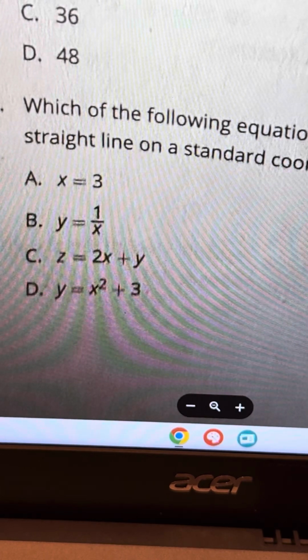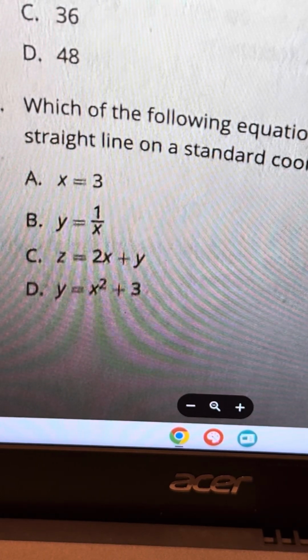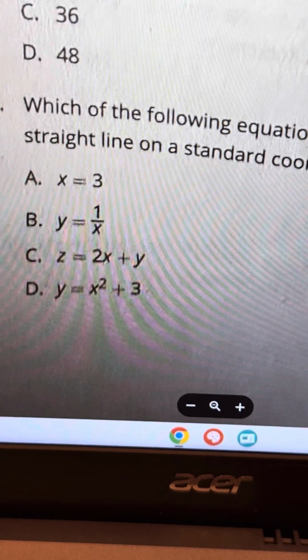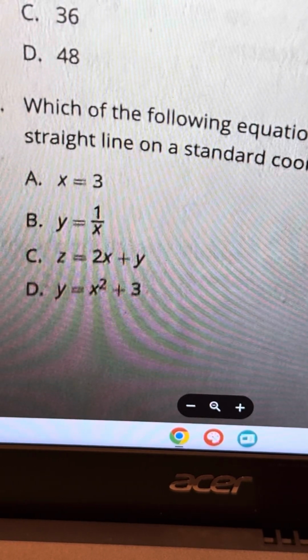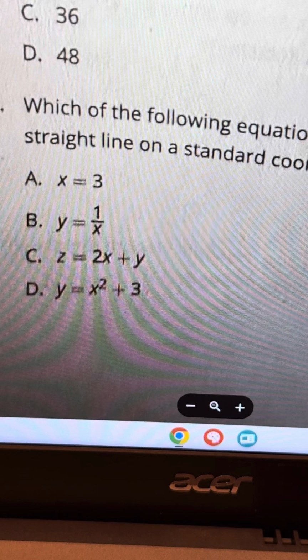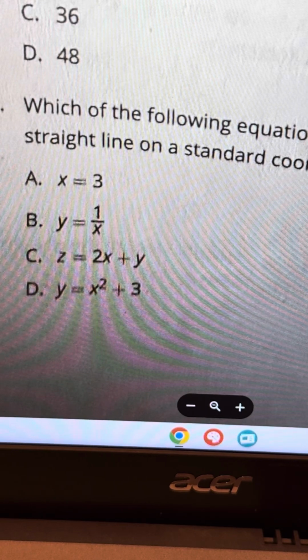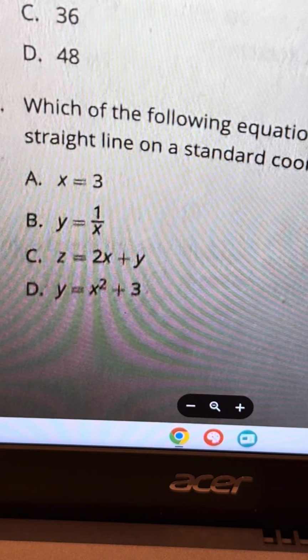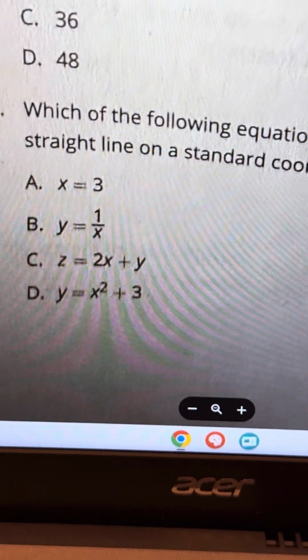So that obviously leaves me with those last 2. And you might be tempted to go with B because you see a y, you see an x, and that's all fine and good. The problem is with that x being in the denominator, that's a problem. If x was in the numerator, it would be fine. But since it's not, what we have is a graph that I'll show you what it looks like before we move to the correct answer, which is A, x is equal to 3.